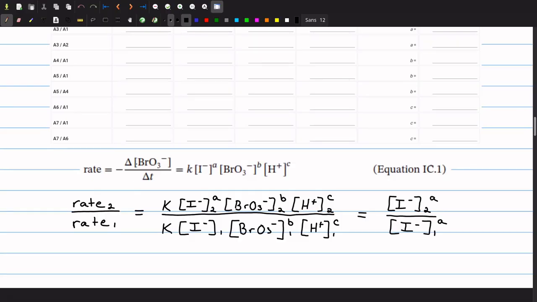So we don't need to worry about this right now, but A is going to go with the iodide ion concentration. B is going to go with the bromate ion concentration, and C is going to go with the H plus, the proton concentration there.